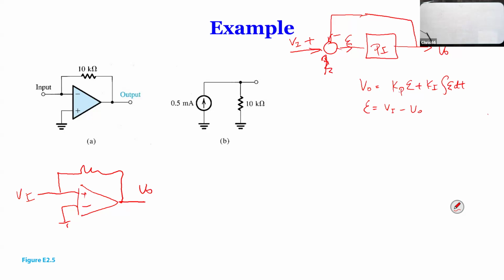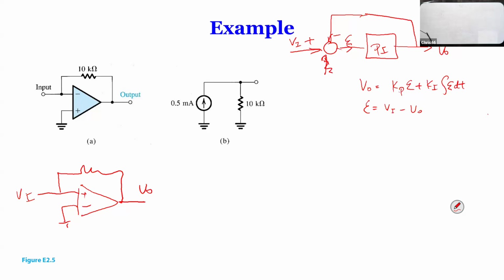So at this point you can see what happens if VO and VI are the same. If they are the same, the error is 0. If the error is 0, the first term, Kp times epsilon, is 0. But the second term is the integrator. And you guys know what integrator means, right?